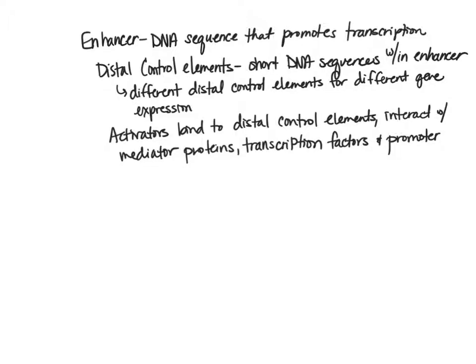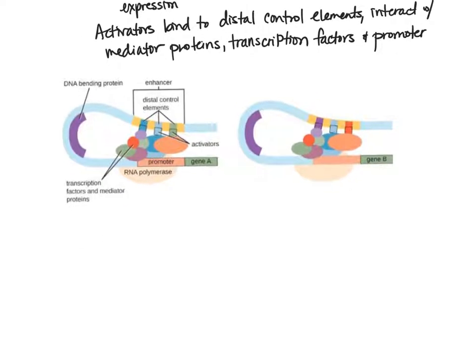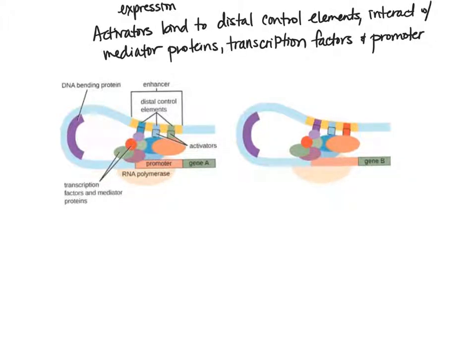All right, so I'm going to bring in the image from the text so that we can take a look at this and see how it's folding. You can see down here that we have our DNA bending protein that's going to allow this to happen on the left-hand side here. You can see the enhancer that we spoke about with our distal control elements, which are just these chunks of DNA within the enhancer that allow the activators to bind to it, and then that's going to interact with these transcription factors and mediator proteins that are all going to then attach to the promoter.